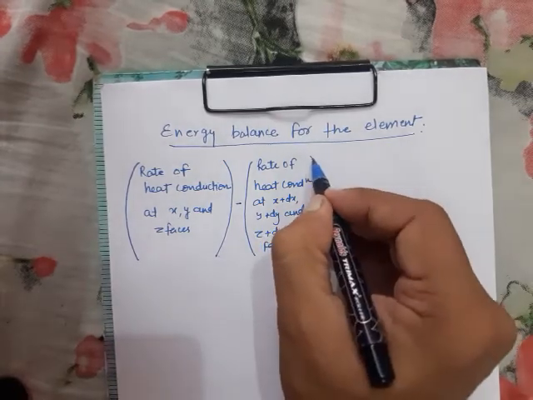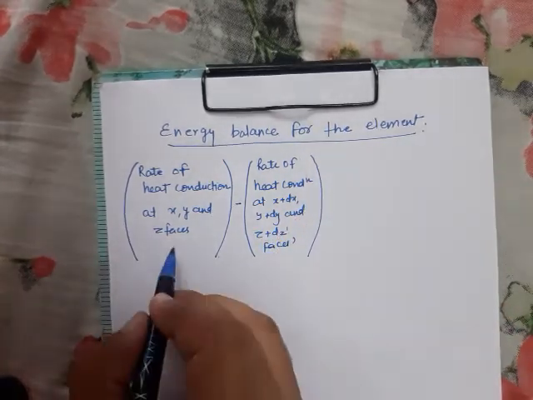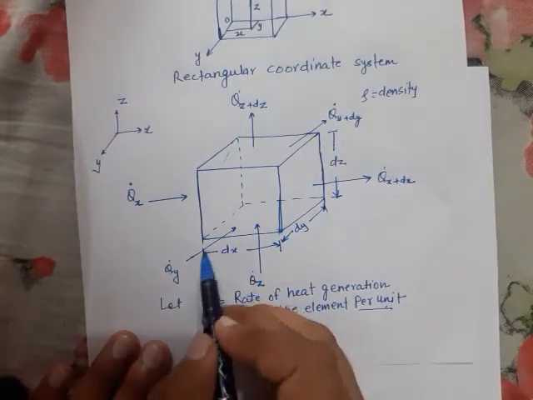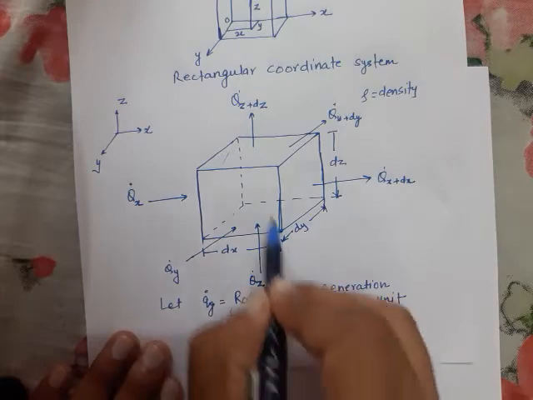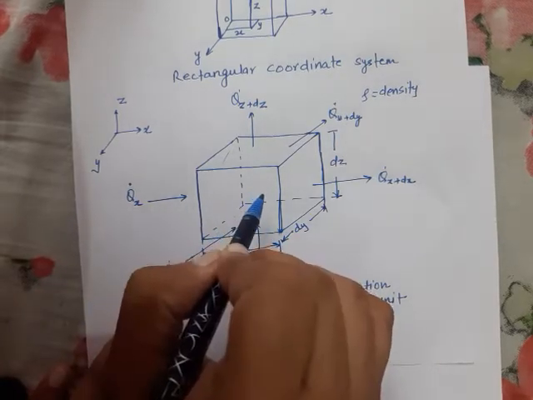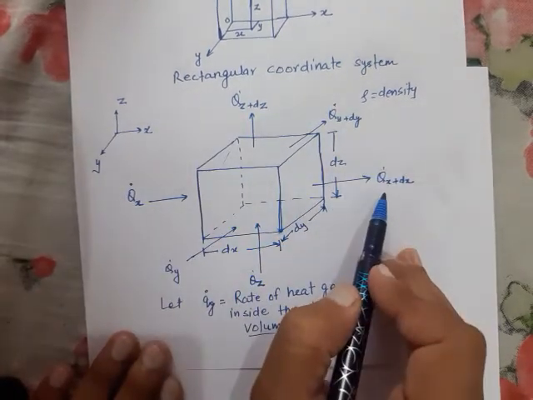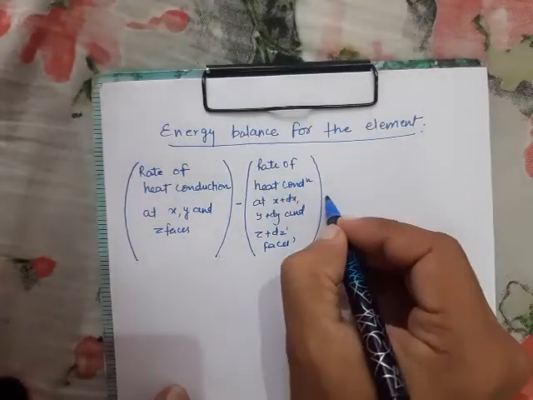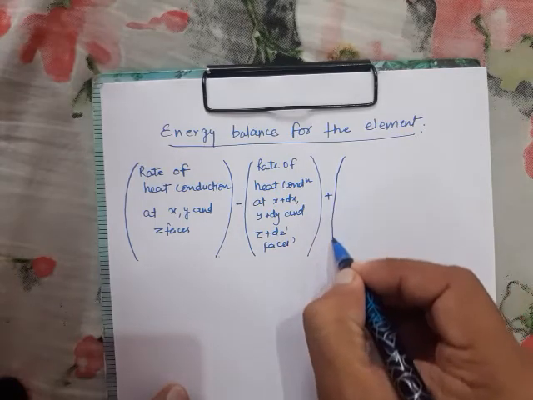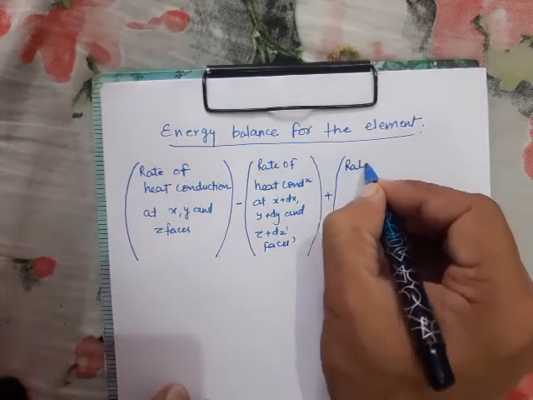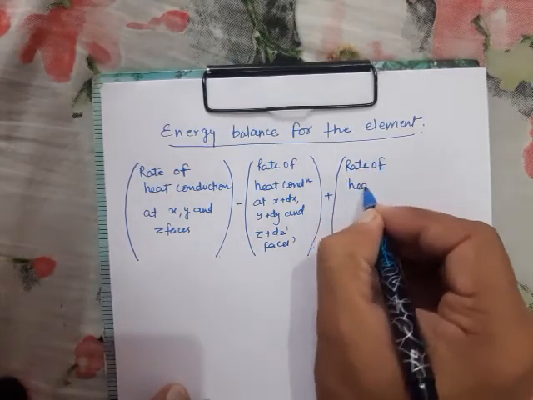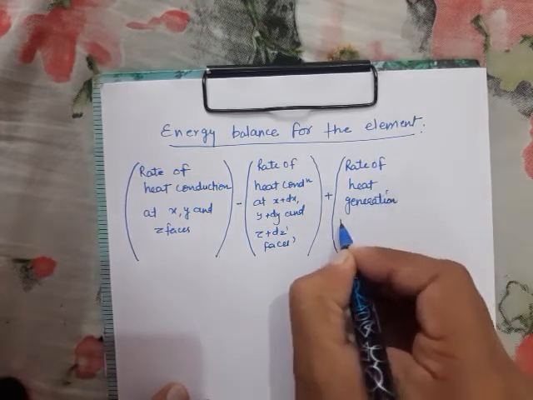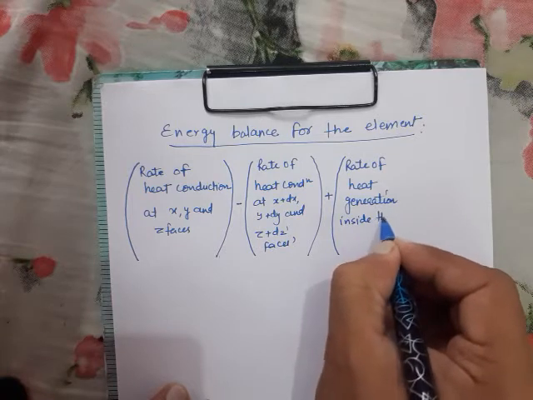This is the energy which is leaving the element. Now since we know that energy is also generated within the element, so this would be plus the rate of heat generation inside the element.